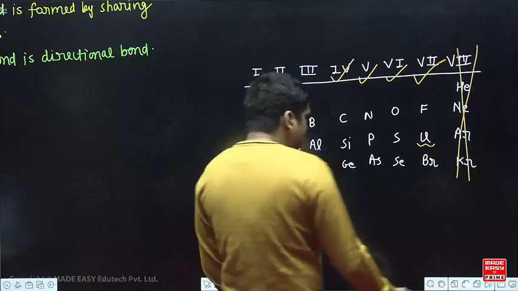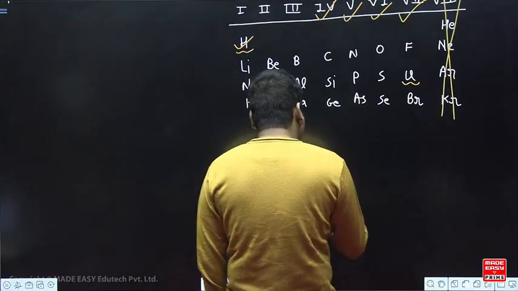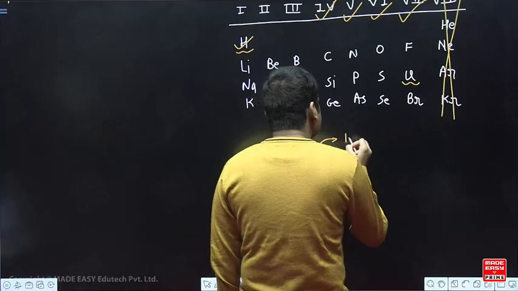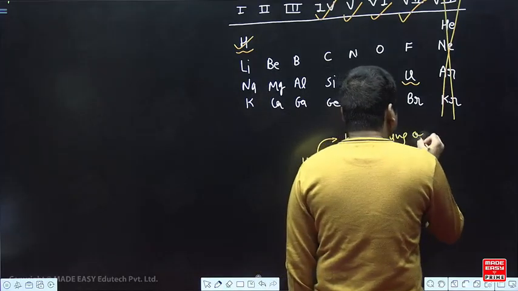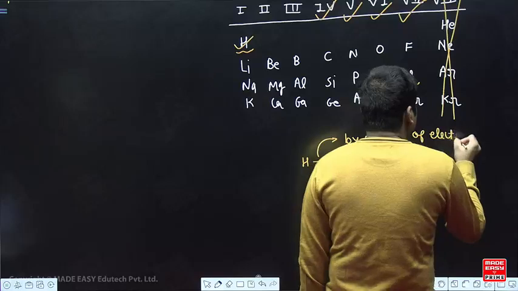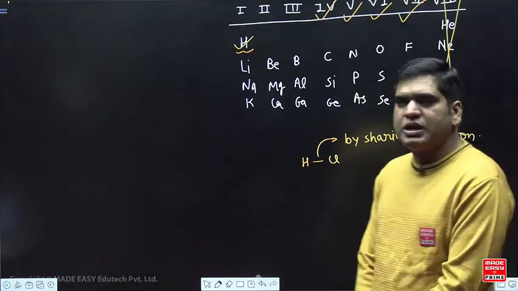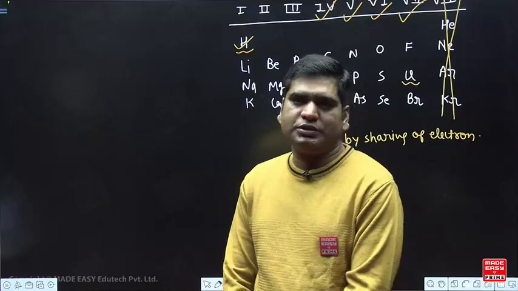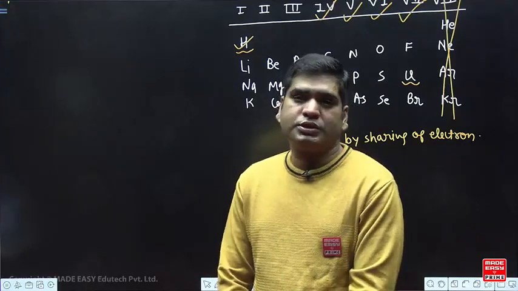So between hydrogen and chlorine, there would be bonding by sharing of electrons. Chlorine will share its one electron and hydrogen will also share its one electron. And by sharing one electron, they will make a covalent bond.